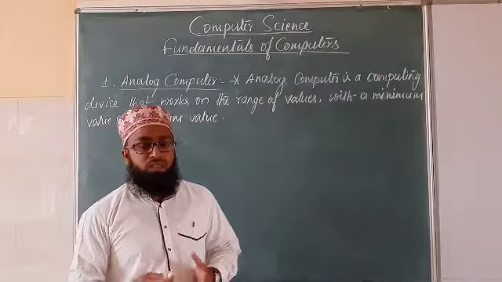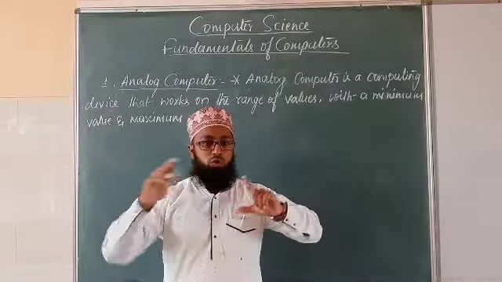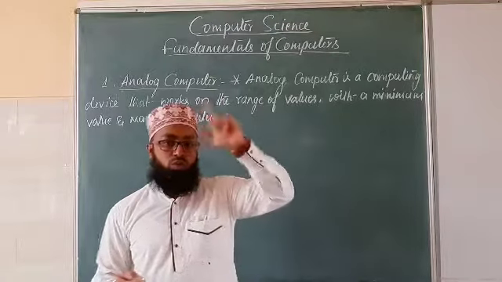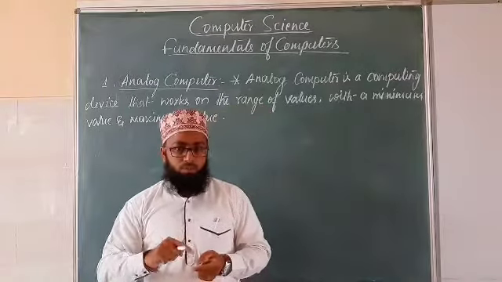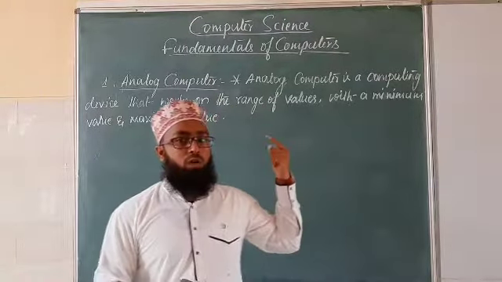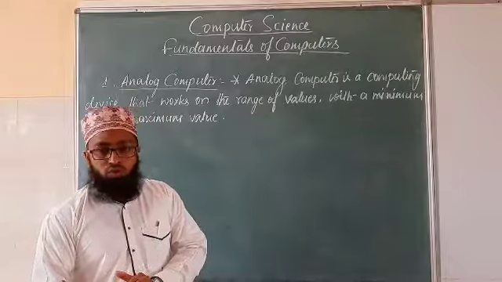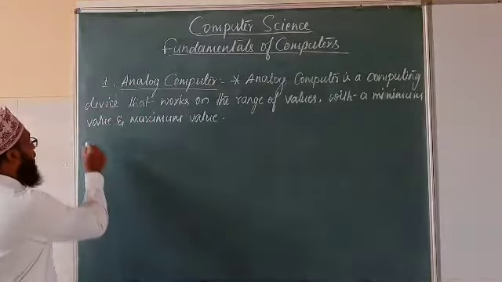The numbers will increase from 0 to 9 and 9 to 0, based on the increment and decrement of numbers. This analog computer will work like that. Now we shall see the next point.